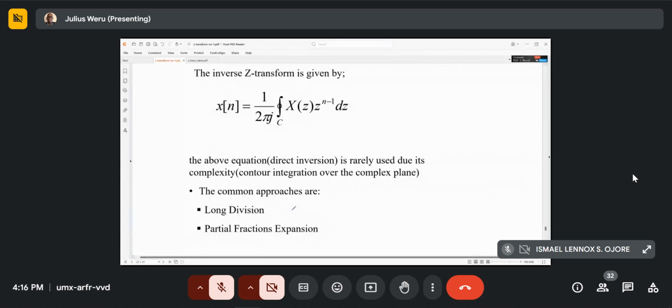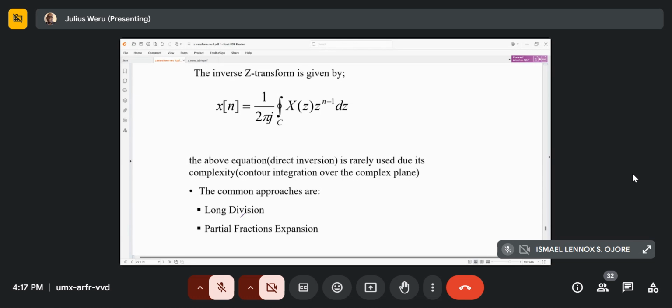We don't use direct, like the way we use direct DFT, direct DTFT, direct IDFT, direct IDTFT. We don't do that with the Z transform because of this complicated integral. So the two main approaches are long division and partial fractions.